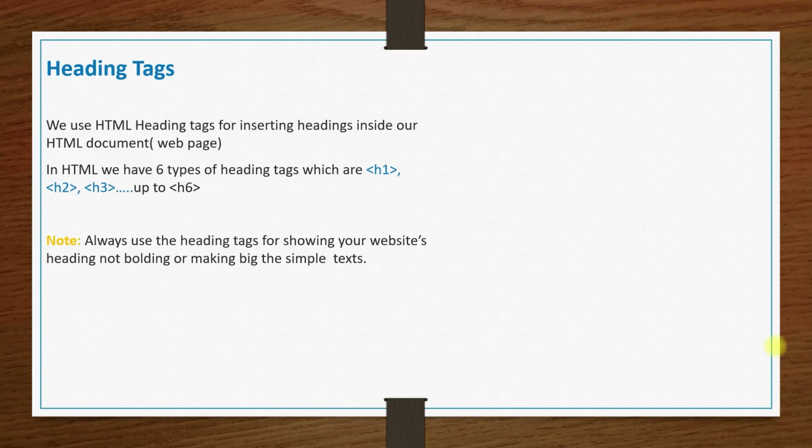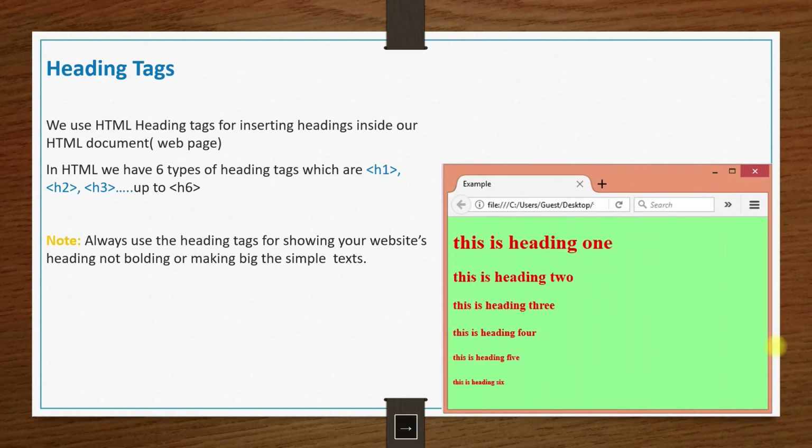Heading tags are used only whenever you want to make headings, whenever you want to make titles. But if you want to make your simple texts biggest and boldest, you have other codes that during this semester I will teach you those parts as well. Right now, you just have to understand that heading tags are used only and only for making headings, not for other things.